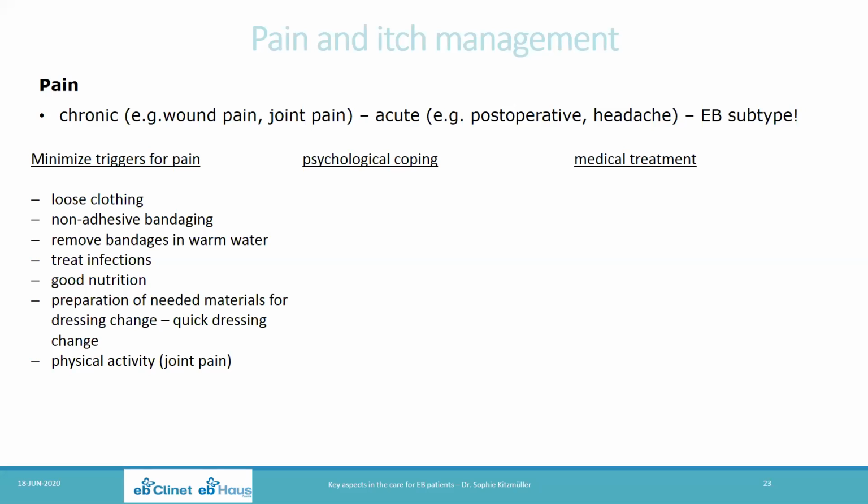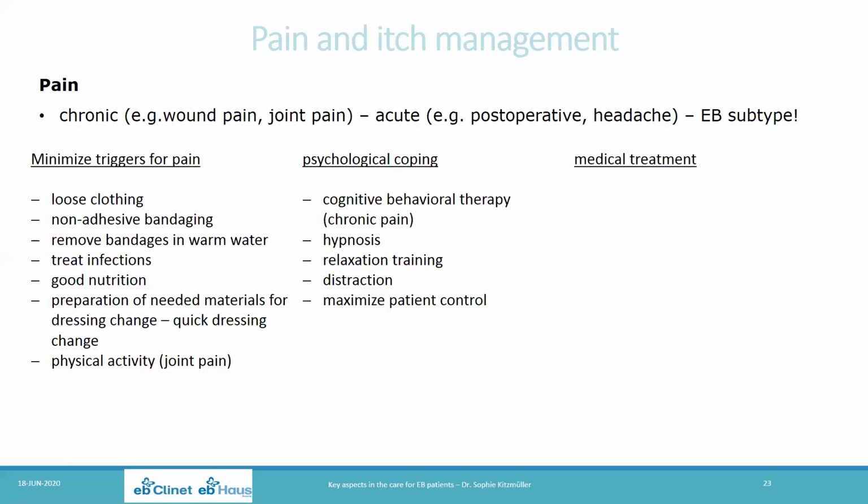If there are some cases, in severe forms, where you won't be able to get rid of those triggers for pain, you can use psychological coping. For chronic pain, this mainly means cognitive behavioral therapy, which deals with how I feel the pain and what I let the pain do with me.